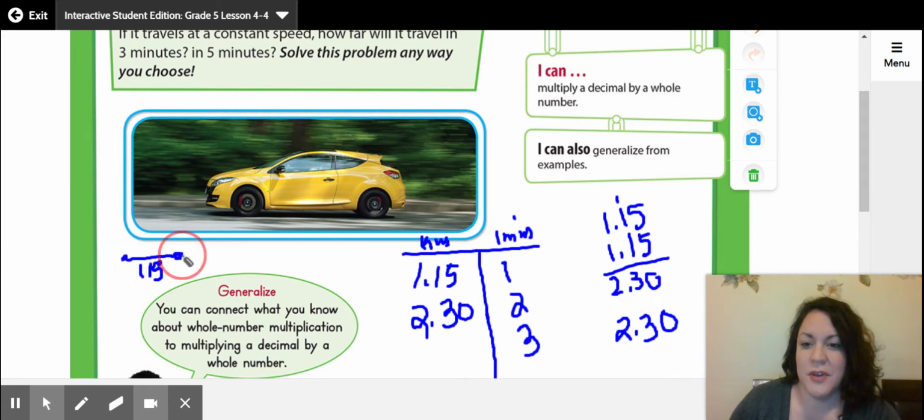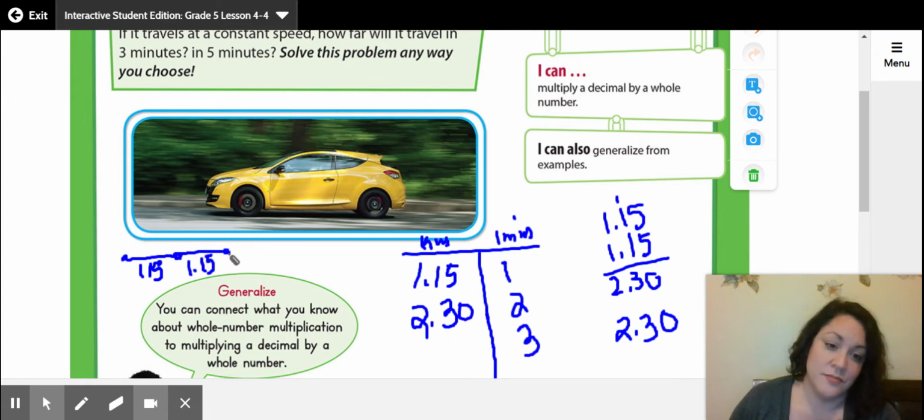Then in the second minute, he went the same distance. So again, that's 1.15. And we found out together 1.15 plus 1.15 is 2.30. Now I'm looking at 3 minutes, so I need to go another minute, which takes him another 1 and 15 hundredths farther.